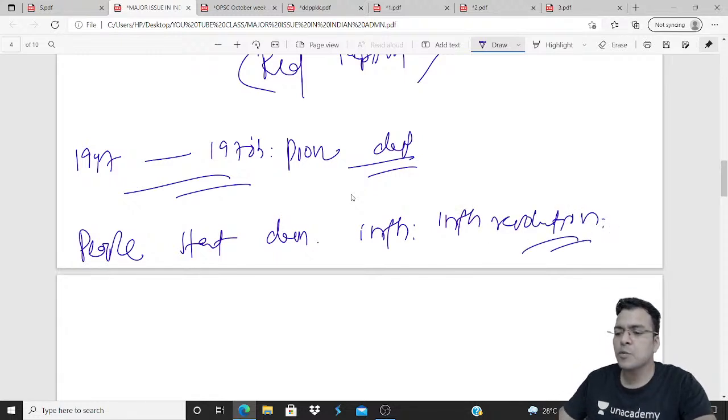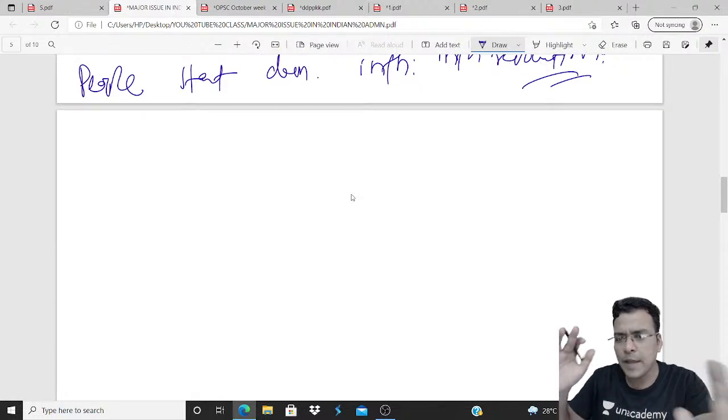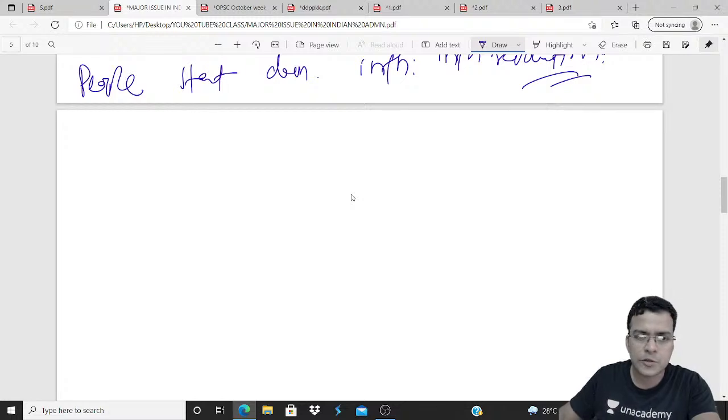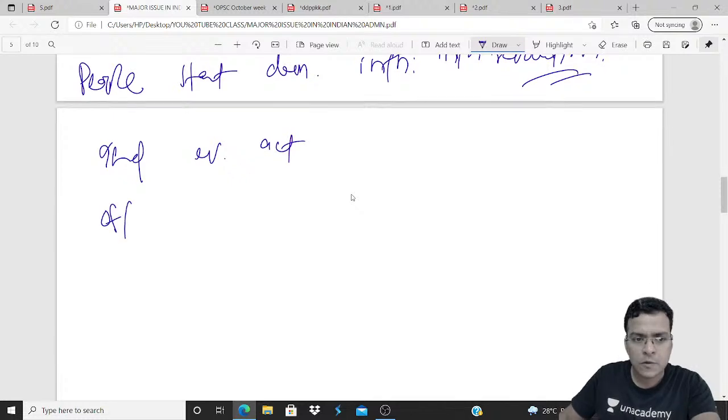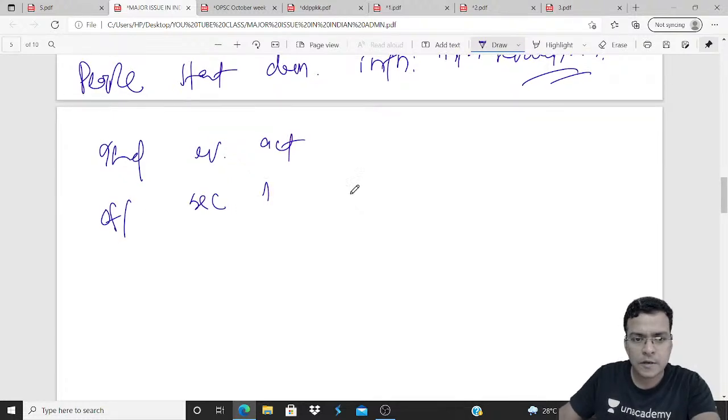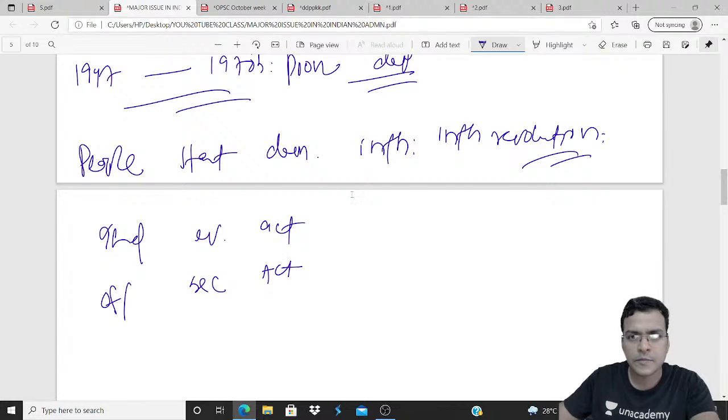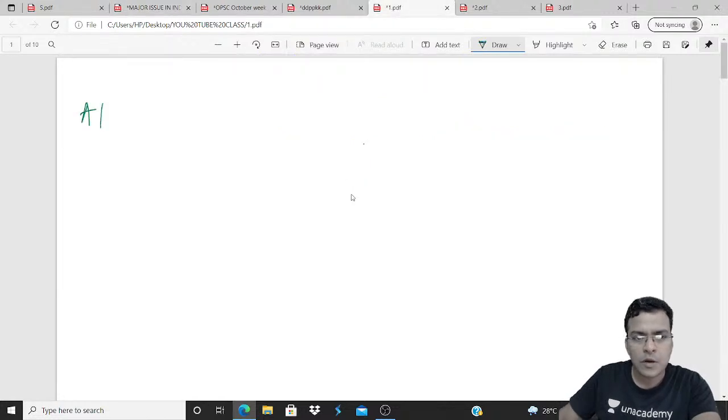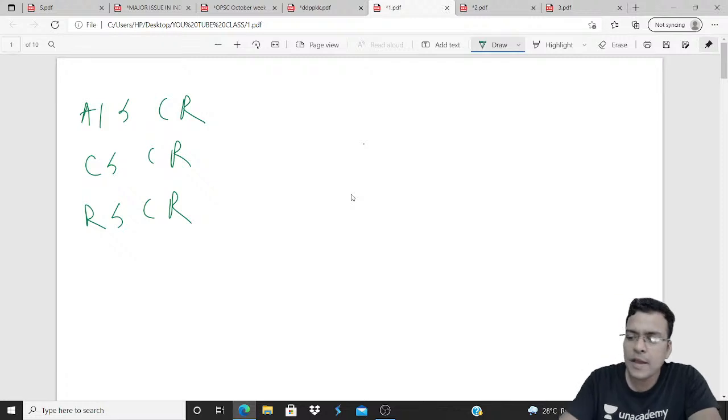An information revolution happened in India, and you all know some acts that promote secrecy in Indian administration, like the Indian Evidence Act, Official Secrets Act, All India Service Conduct Rules, Central Service Conduct Rules, Railway Service Conduct Rules. So these are some acts that promote secrecy in Indian administration.